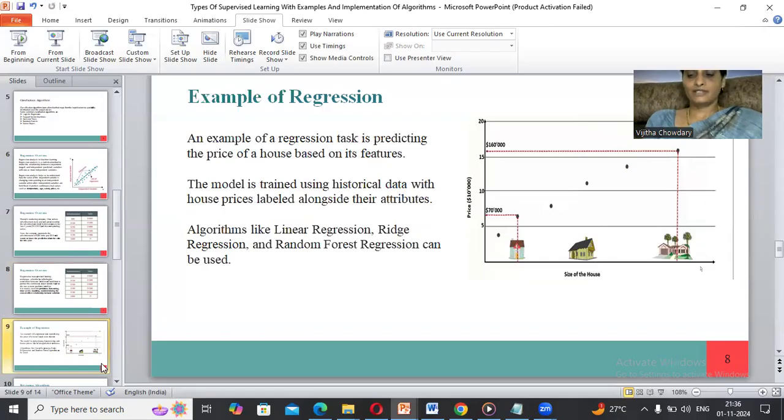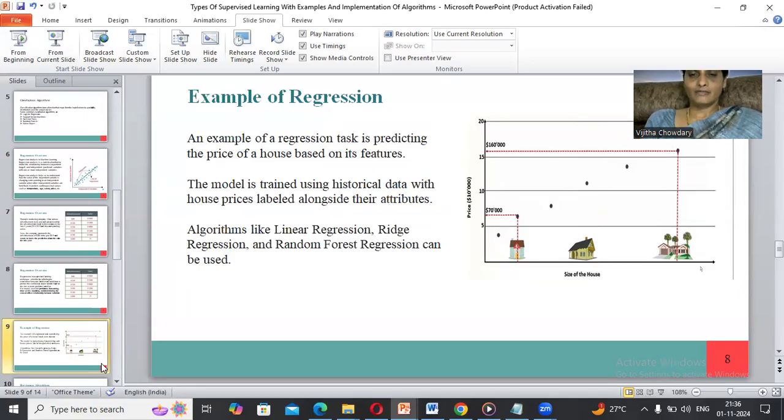An example of this regression is house price sales regression. The model is trained on historical data with house prices. Historical data is the previous data, which is used to predict the output values for house prices.